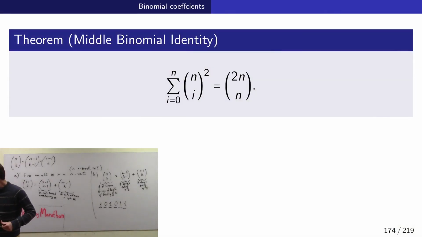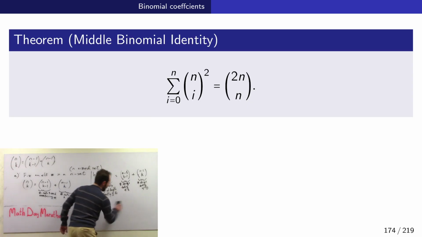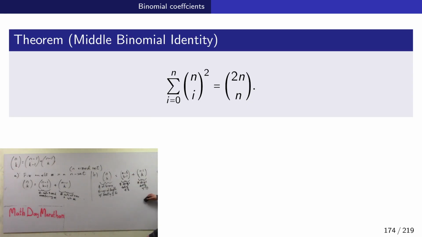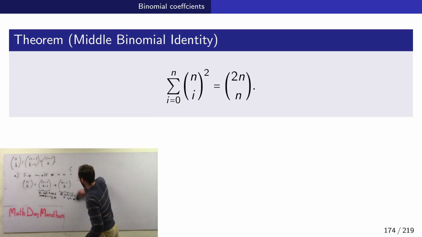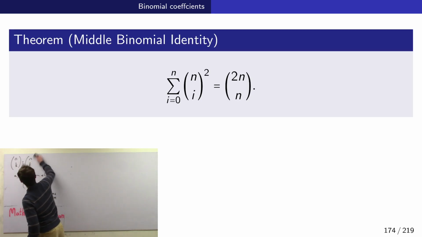So what do we have here? The name of it doesn't really make sense yet, but we'll see why it might. We call this the middle binomial identity. I mean, maybe I call it that, at least. I think I named this slide, so that works.